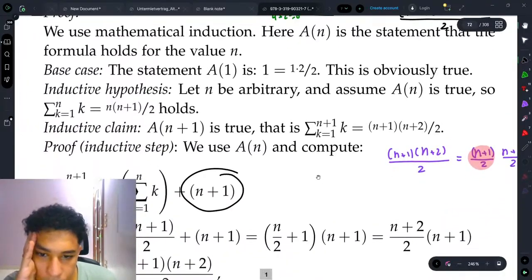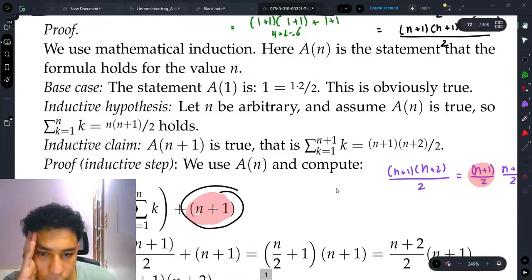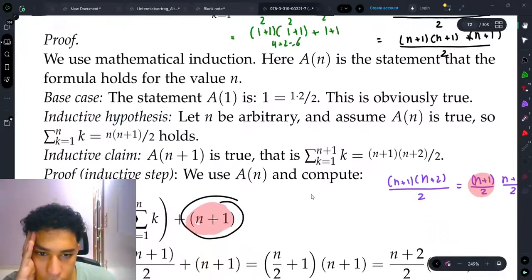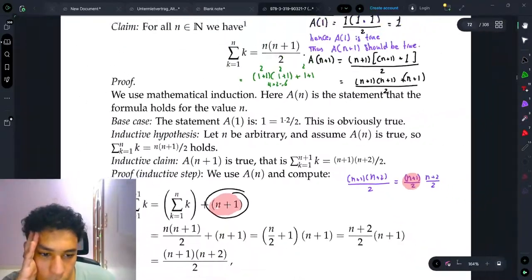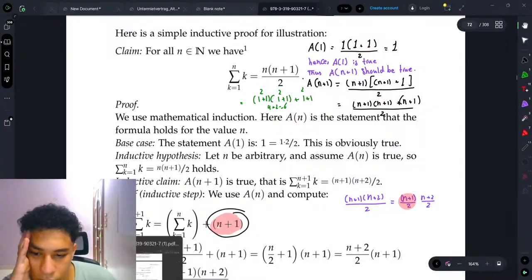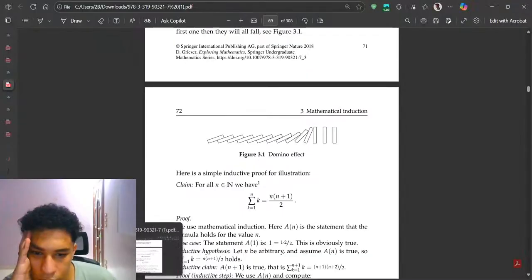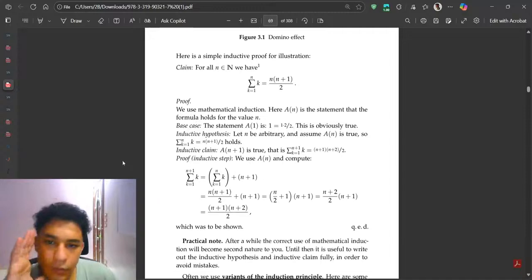I got this part, I know that I've gotten this part, which is n plus 1, which makes sense. Okay, I'm gonna.